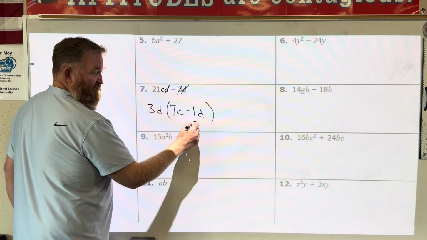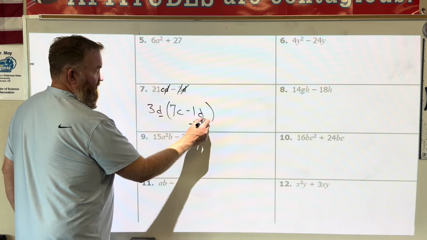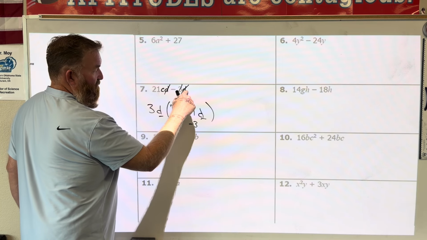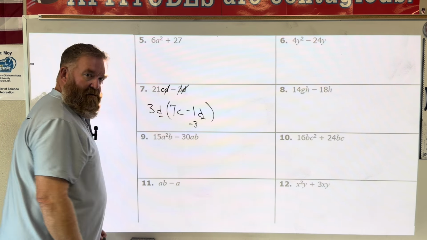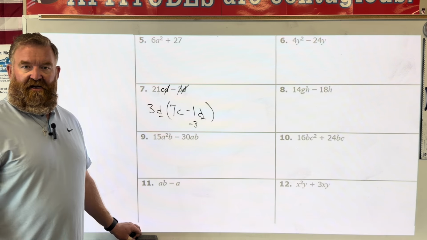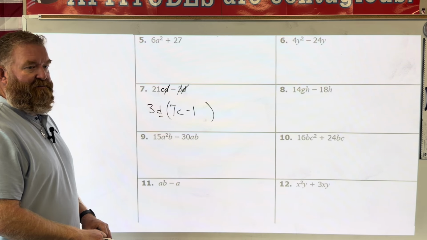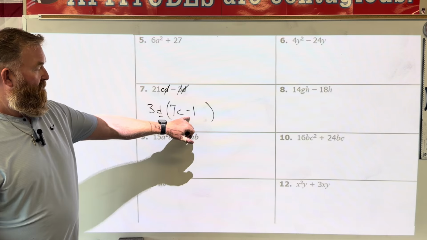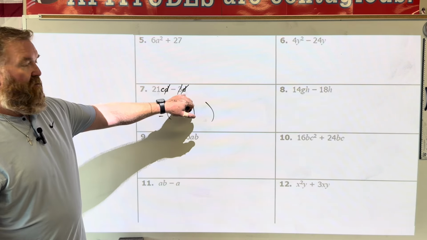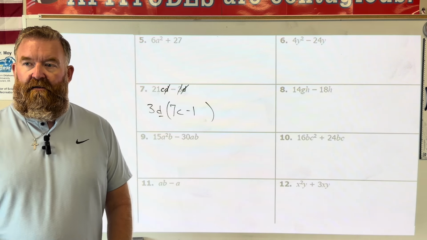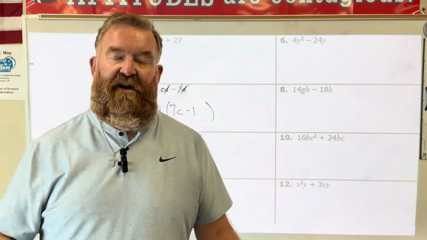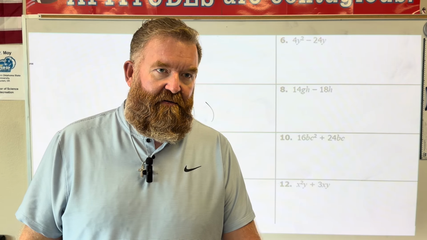Negative 3, right? What's D times D? Do we have D squared up there? No, we do not. So that's why we always double check. So don't do that. Because now what's 3D times negative 1? Negative 3 what? That's what we have. I see people nodding. Everybody good with that?